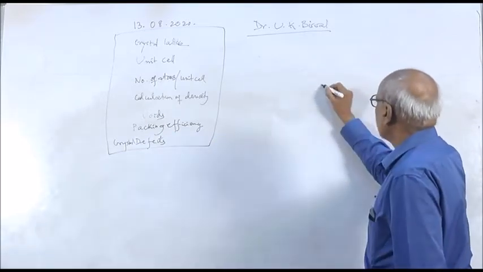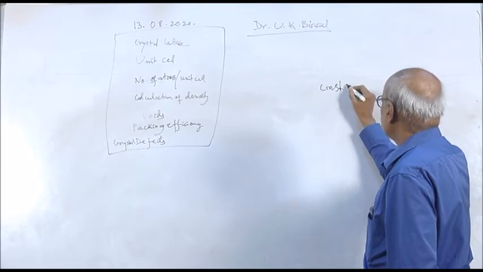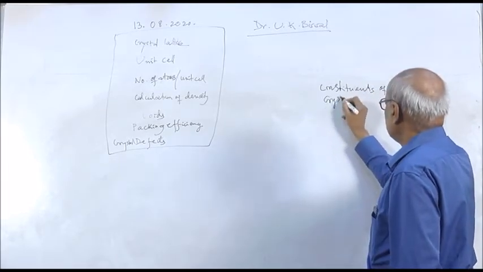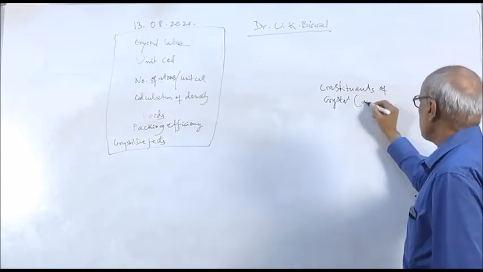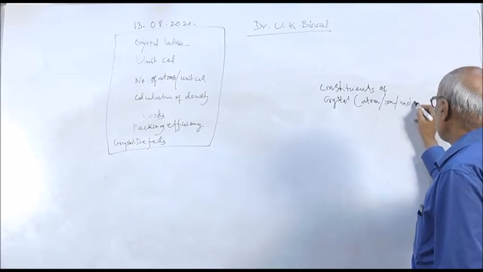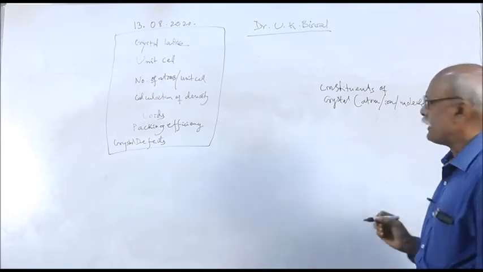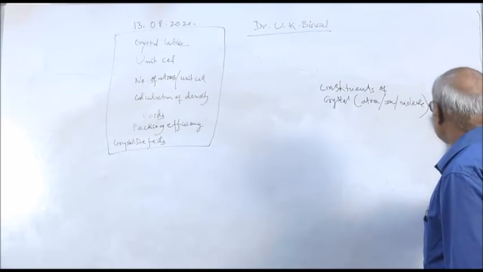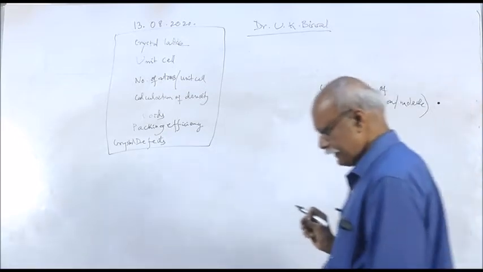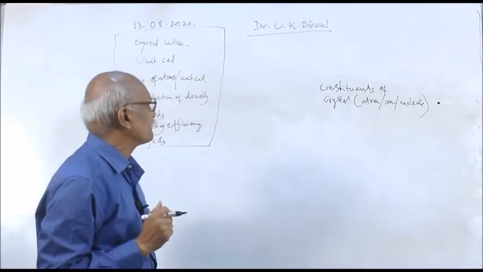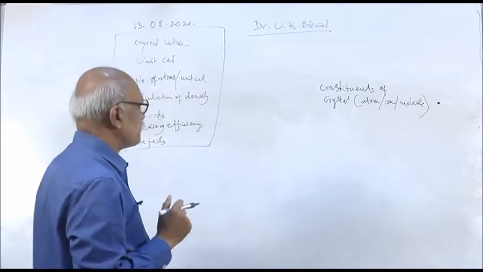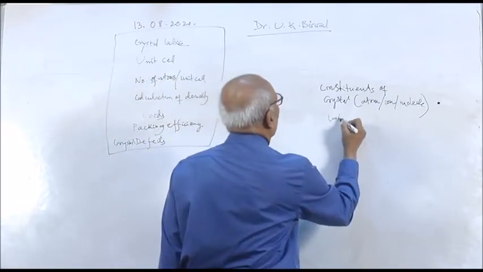All these constituents of the crystal, as we have discussed, may be atom or ion or molecule. These constituents are represented as solid spheres or points. These are incompressible points, or constituents of the crystal, or you can call them lattice points.